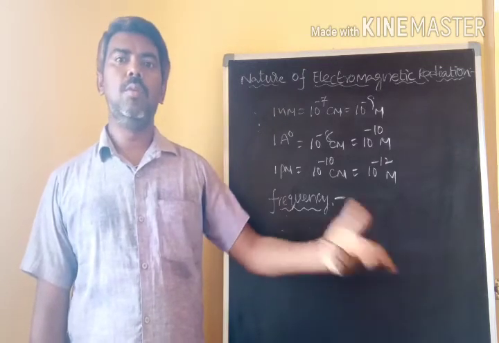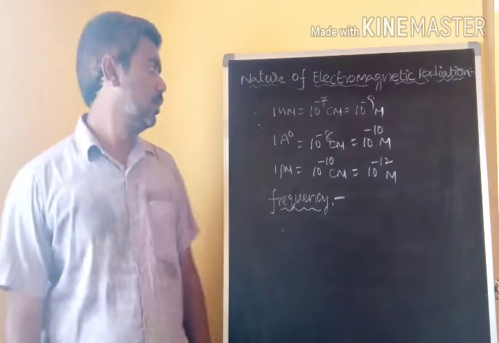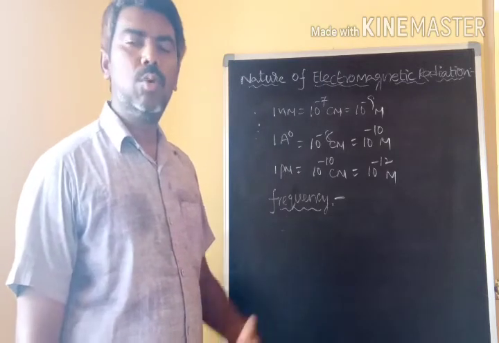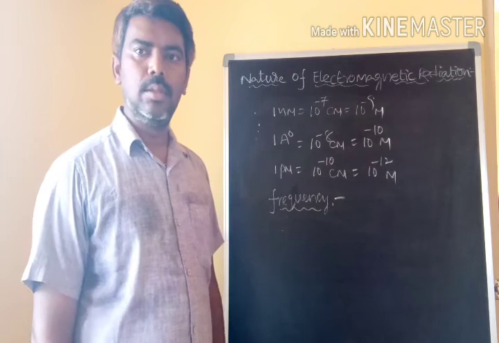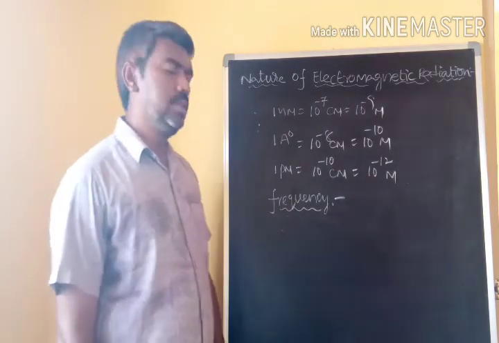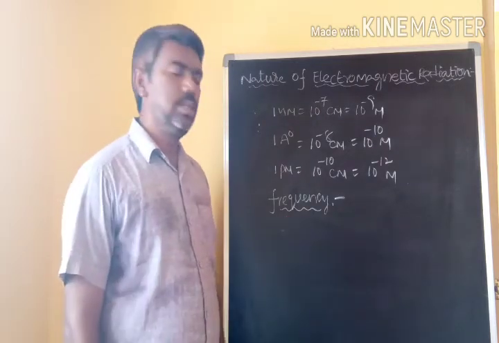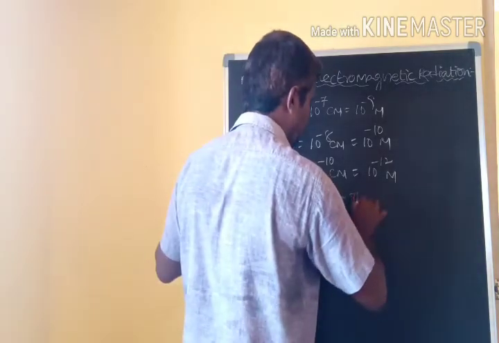That is called frequency. Or one more definition: the reciprocal of the time period is also called frequency. There are three definitions we are explaining for frequency. The first one is the reciprocal of time period.